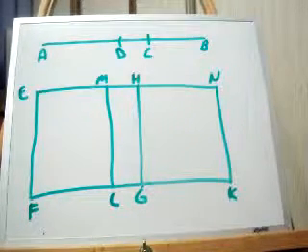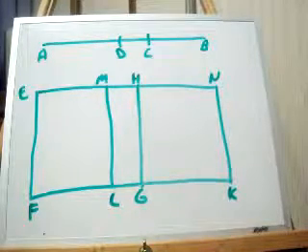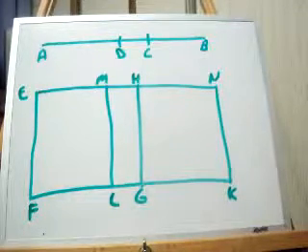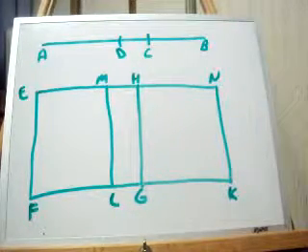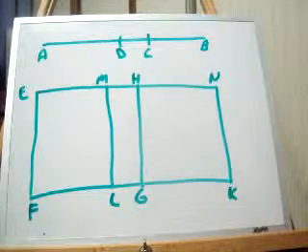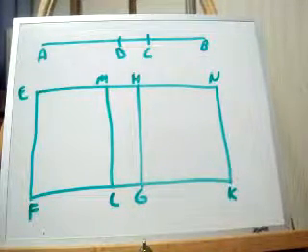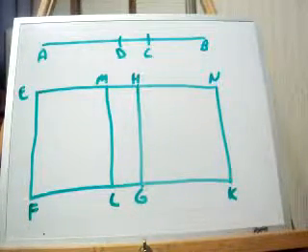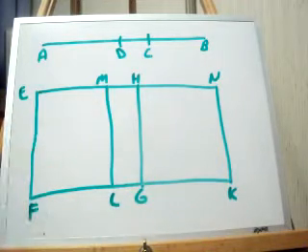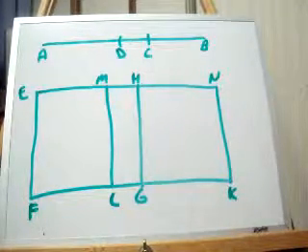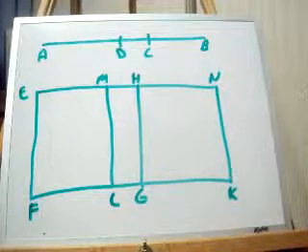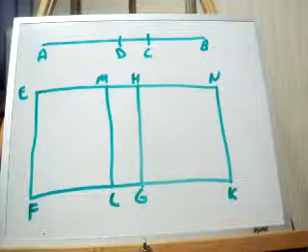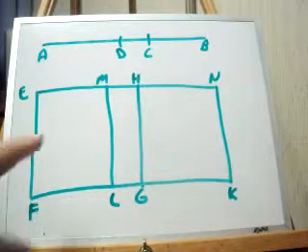Okay, so now let EG equal the squares on AC and CB. Okay, so now we have the area inside of EG. And that area inside of EG is equal to the combined areas of square AC and square CB. So if you add the areas of AC and CB together, you'll get the area of EG.